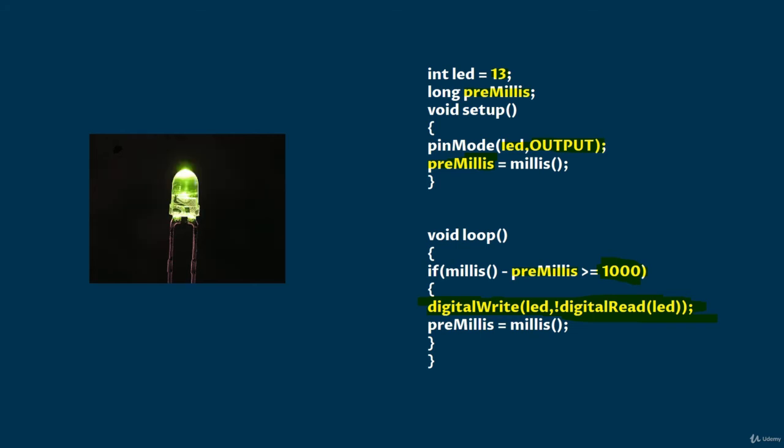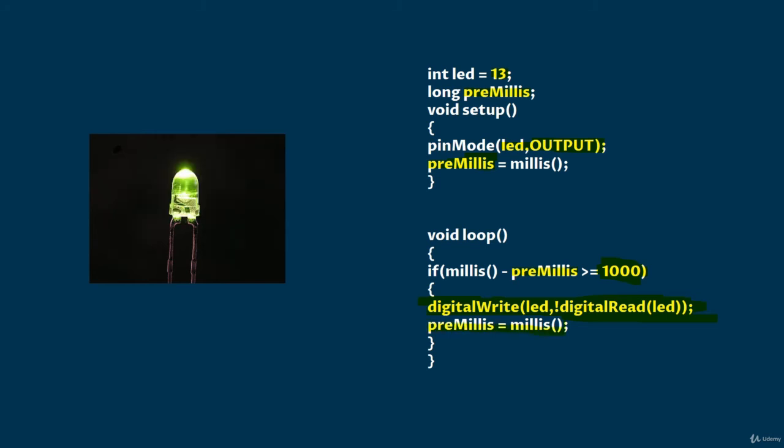So the LED will glow. The next time it comes inside this if statement, the LED status will be high, and not high is low. So digitalWrite within brackets LED comma not high, that means low. So the LED will be off. Each time it will toggle the LED. That's why I have written this statement.